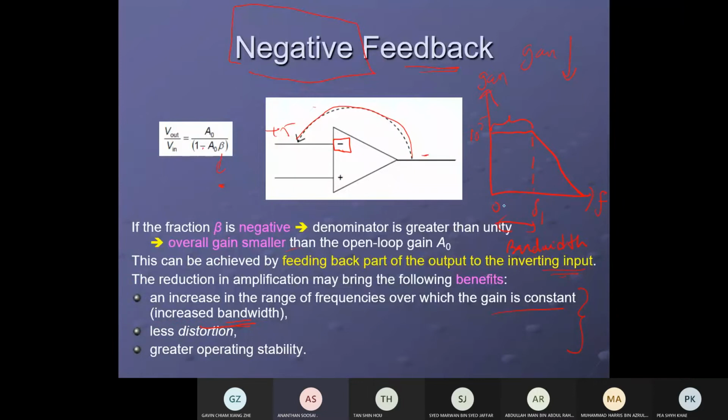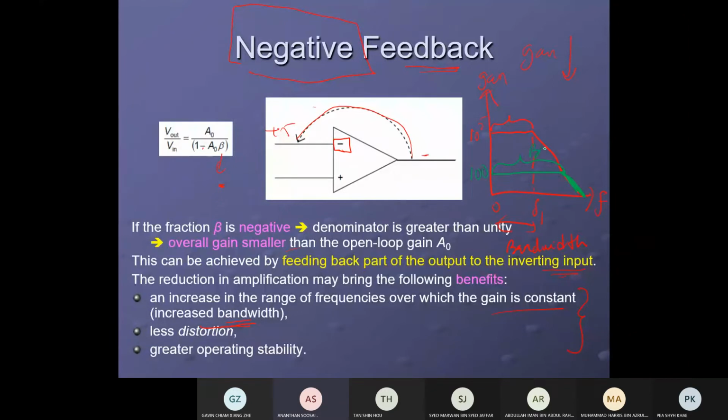This is the bandwidth and the gain is 10 to the power of 5. Now by doing feedback, let's say the gain drops to 100. So a new flat line will happen, and then it continues here. What happened to the new bandwidth, the flat line where the gain is constant?